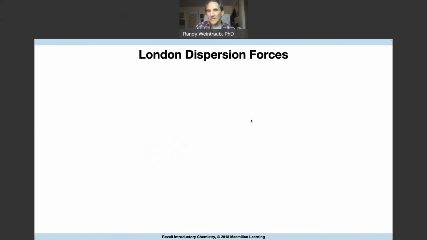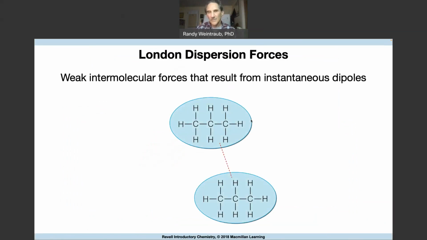So what about covalent compounds that don't have dipoles? At first glance, we might expect that there's no interaction between them. However, this is not the case. Even in molecules with no dipole, there is a weak interaction, and this interaction is called London dispersion forces, sometimes simply called dispersion forces or London forces.